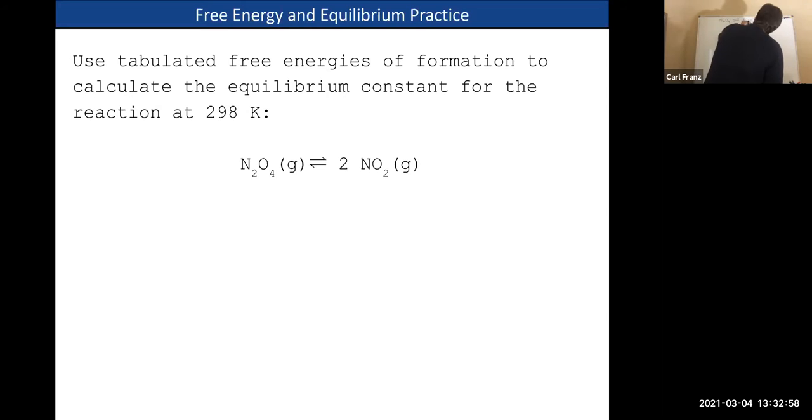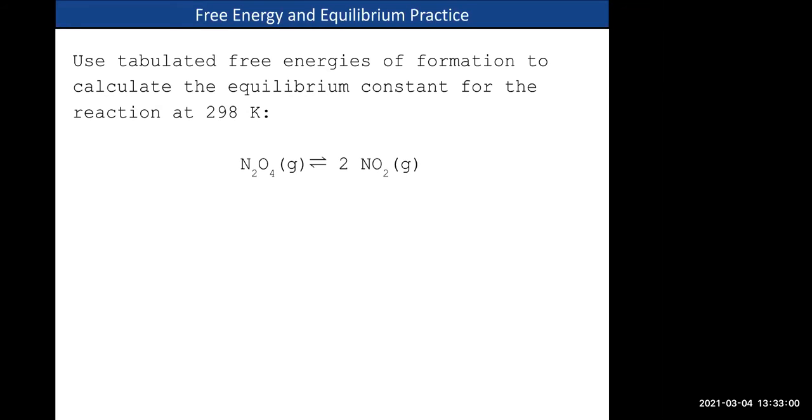Correct. Okay, so for N2O4, it is 99.8, and for NO2, it is 51.30, and they're both in their gas state. Yep.